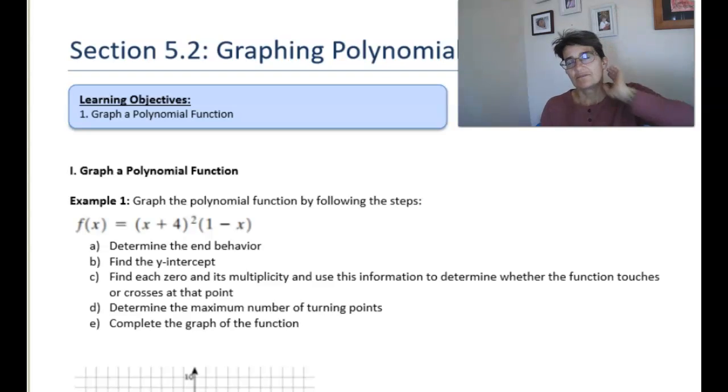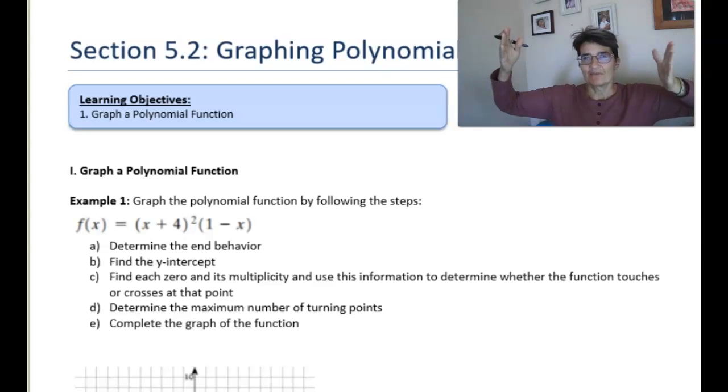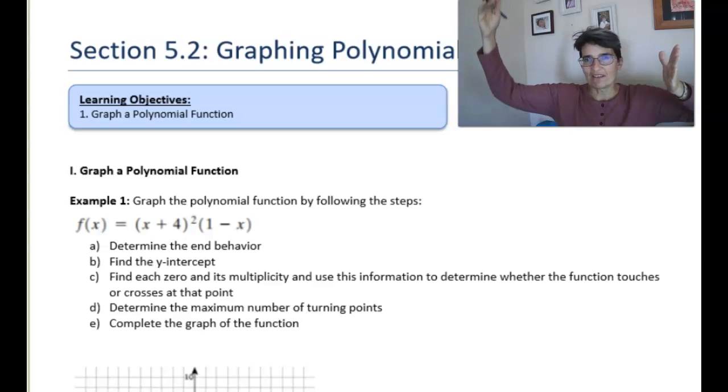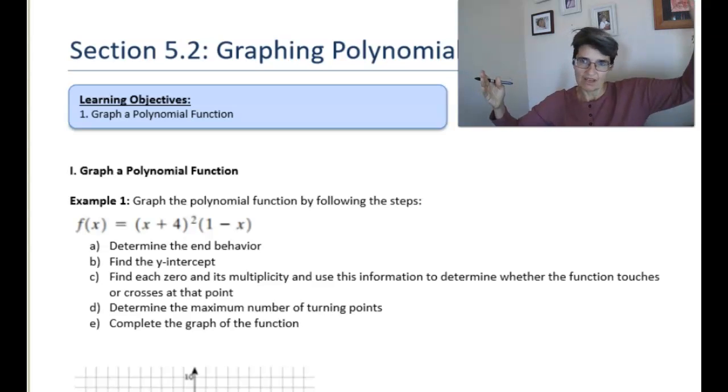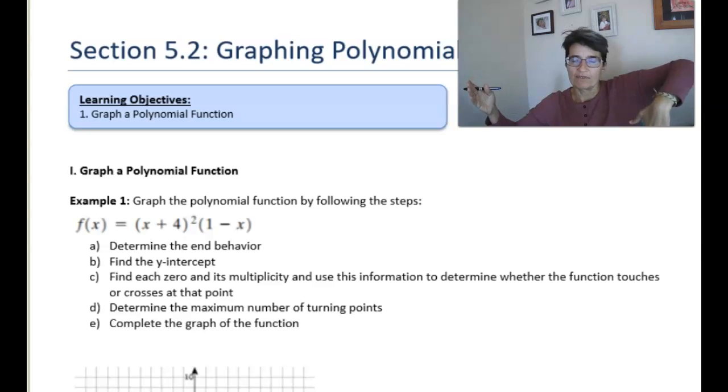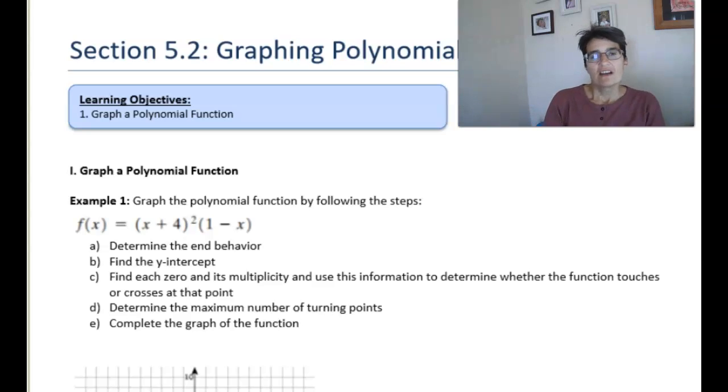So you check at both ends. For large positive x values, the y value can either be going up towards positive infinity or down towards negative infinity. And at the other end, for x large and negative, x going towards negative infinity, the y value could shoot up to the sky with y going to positive infinity, or go down to negative infinity. So that's the end behavior.